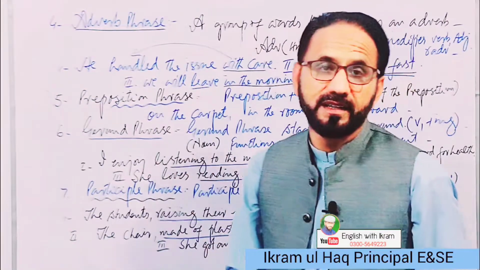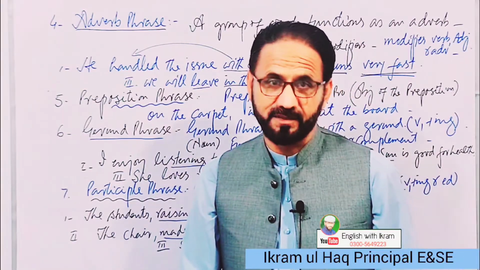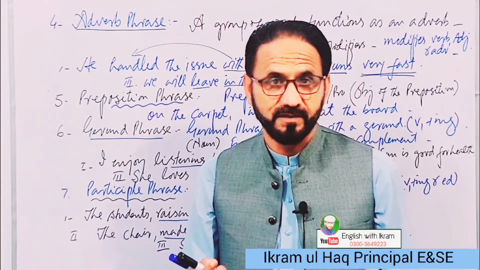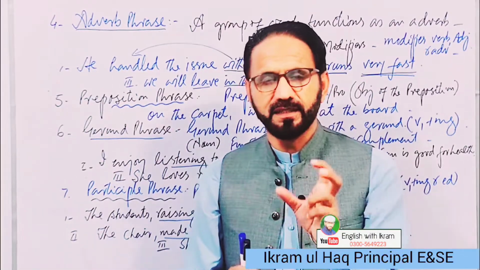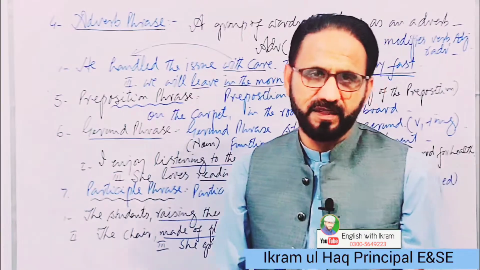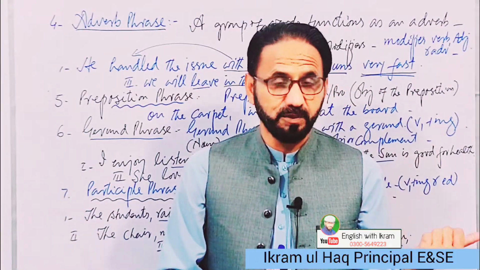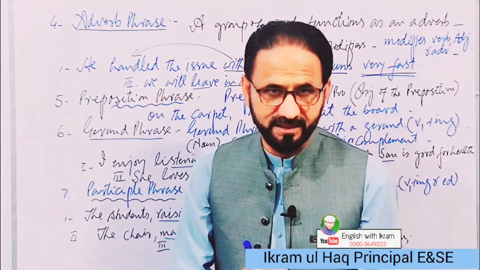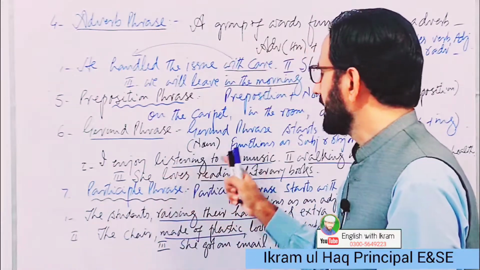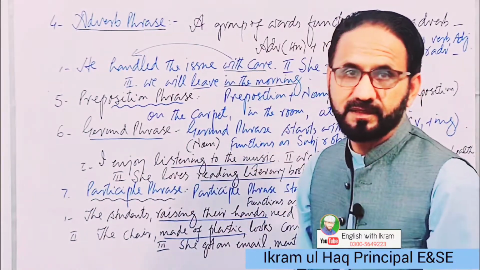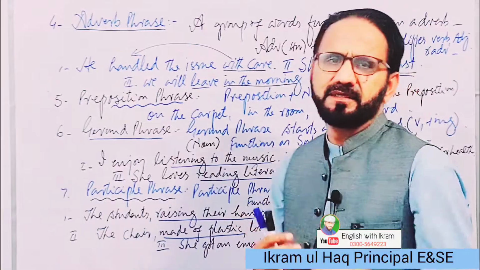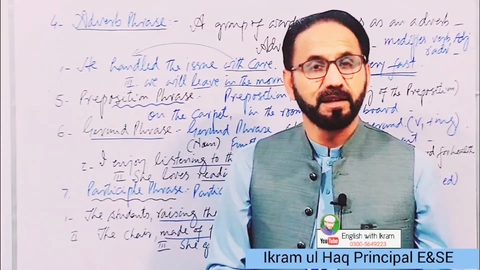I enjoy listening to the music. I enjoy what? Listening to. The gerund, or noun, can be identified because it can be replaced with a pronoun. इसको replace किया जा सकता है. I enjoy listening to the music because this gives me pleasure.